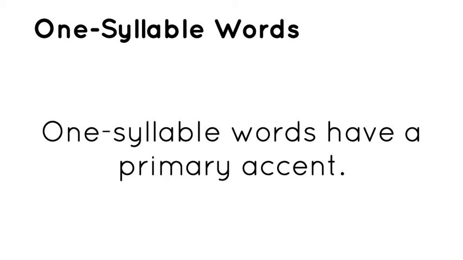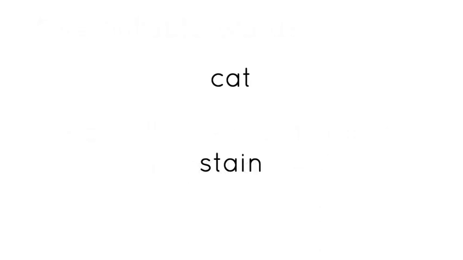In the intro to this video, I talked about multisyllabic words and how there's going to be one that is accented and others that are not. Because one-syllable words are just that, one syllable, it's always assumed that the vowel phoneme within that one-syllable word is accented. Let's look at two examples.